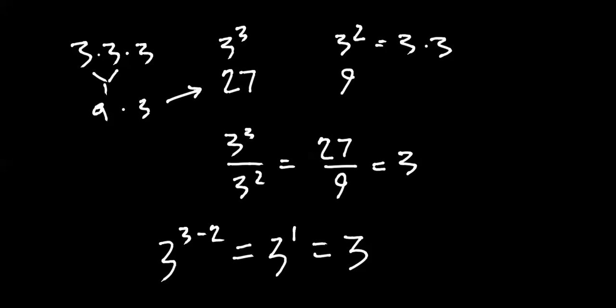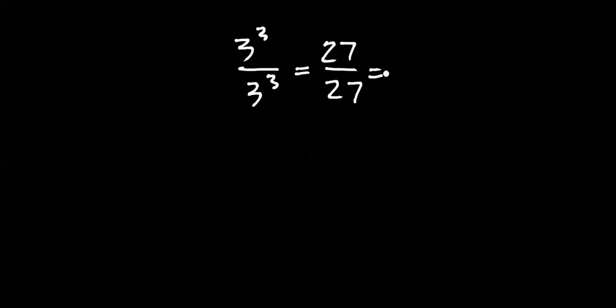If we take a quick look at the next step here, if I have 3 to the 3 over 3 to the 3, I know that this is equal to 27 over 27. And any number divided by itself is 1.